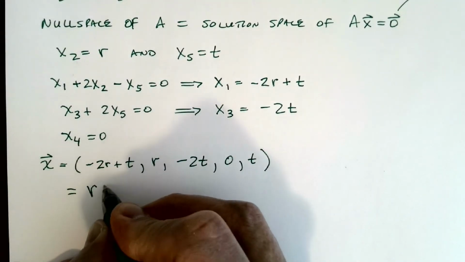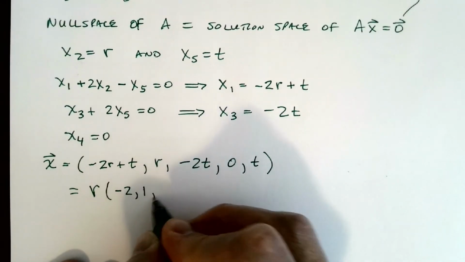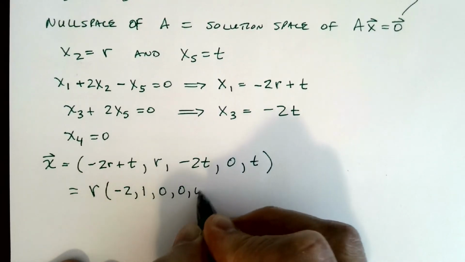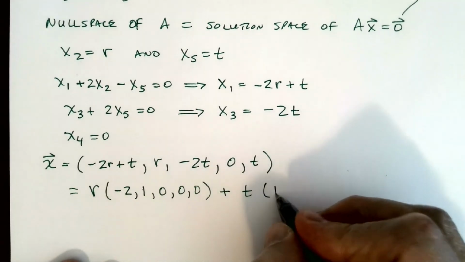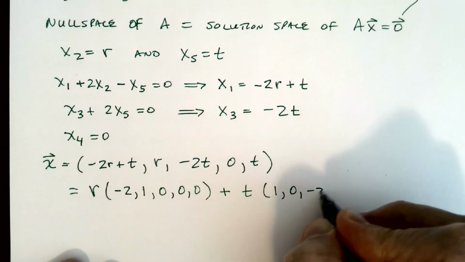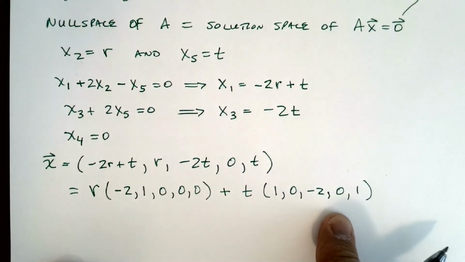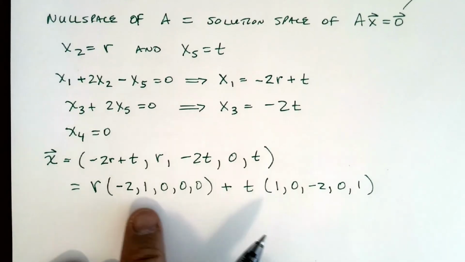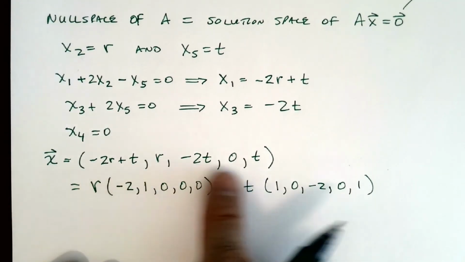I've got r times negative 2, 1, 0, 0, 0, plus t times 1, 0, negative 2, 0, 1. So I hope you understand we've done this at least a couple other times. And if I go ahead and scalar multiply and then add these vectors, I get back to this.